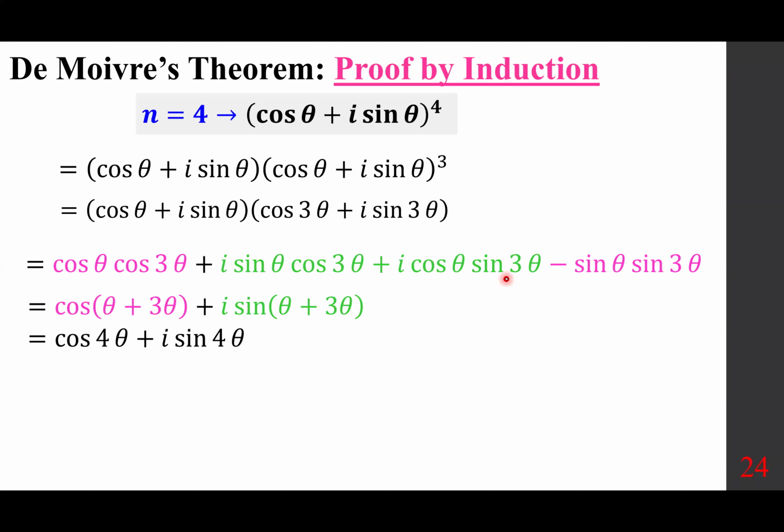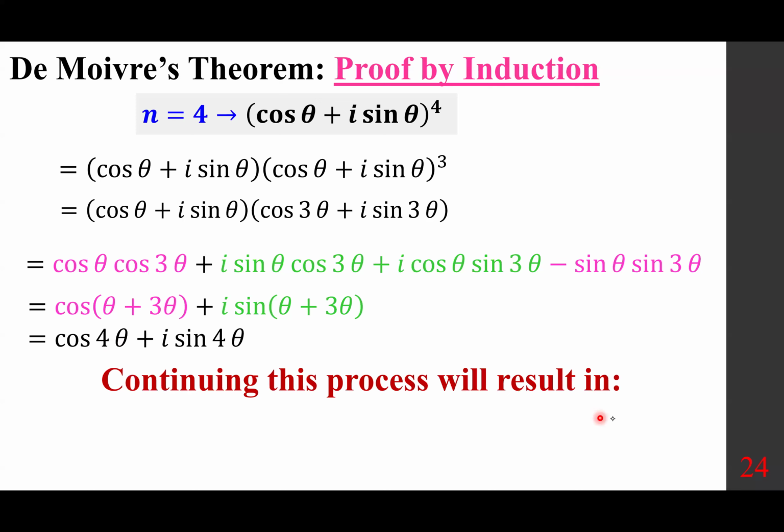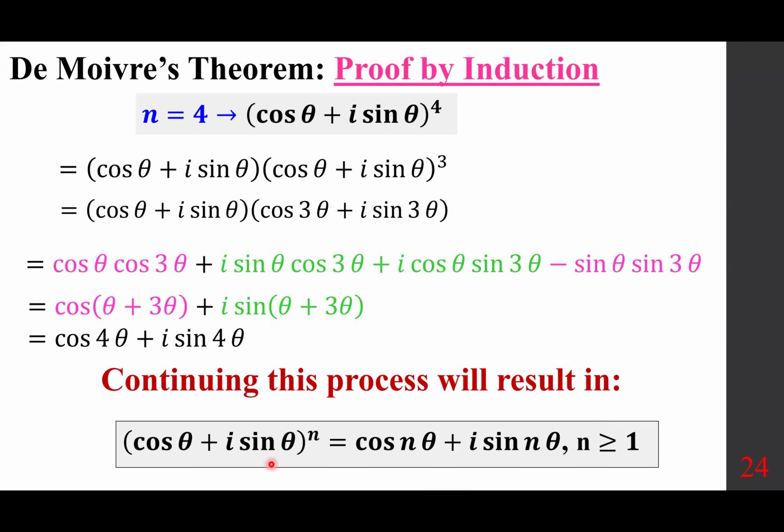This is what we get. Theta plus 3 theta, of course, is 4 theta. We proved that it works for n equals 4. Continuing this process will result in cosine theta plus i sine theta to the power of n equals cosine n theta plus i sine n theta.